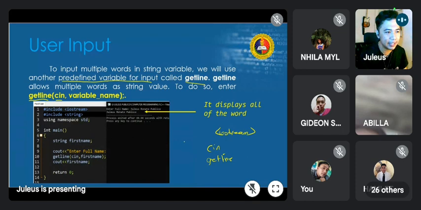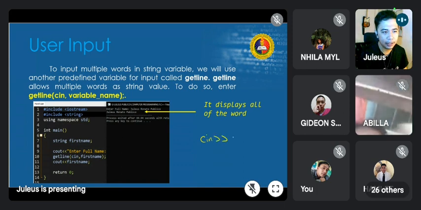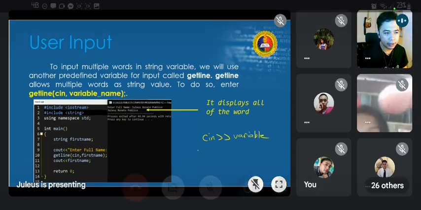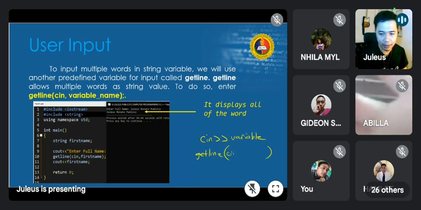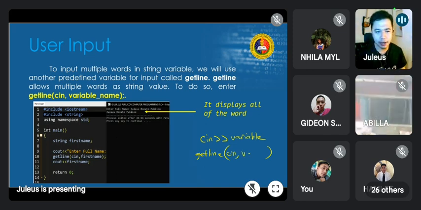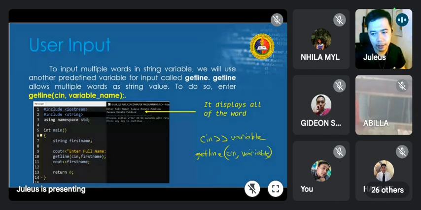Let me erase all of these. Earlier, cin was written like this, and then the variable name. For getline, we will write getline, open and close parentheses, and then cin, comma, and then the variable name. Take note of the difference between using cin and getline.